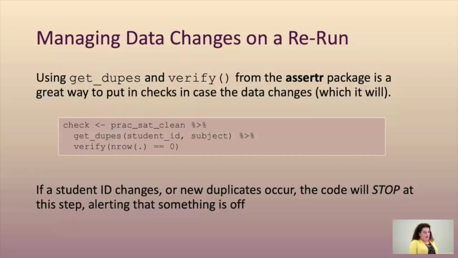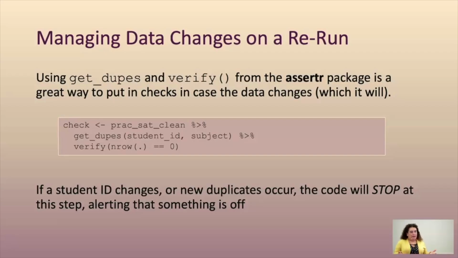All right. Now, we don't run code once. We run code many times, usually. And so a great way, if you're reusing the same set of code, to check that you've manually changed your duplicates to remove them or clean the data is using this function, verify, from the assertr package.